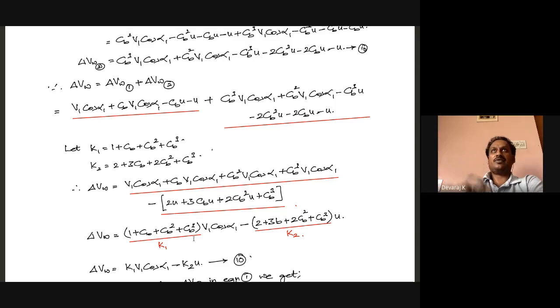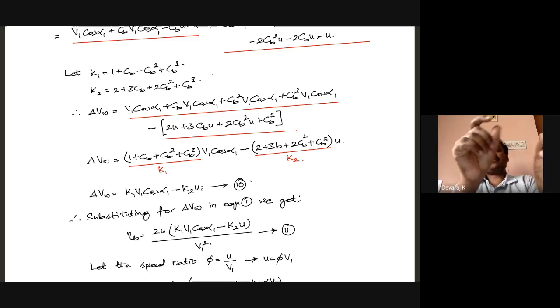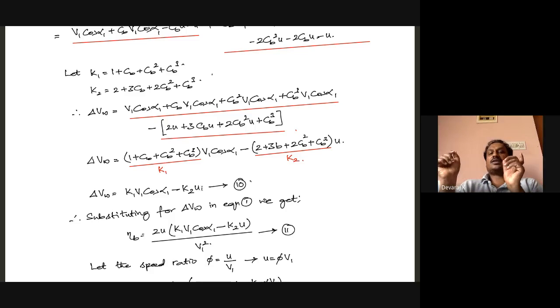I am calling that as K1. And the other side is 2 plus 3Cb plus 2Cb square plus Cb cube as the second group. I call that as K2. Okay, K1 and K2. If I define that, I'll be getting delta VW as K1 V1 cos alpha minus K2 into U. So K1 is defined, K2 is defined.